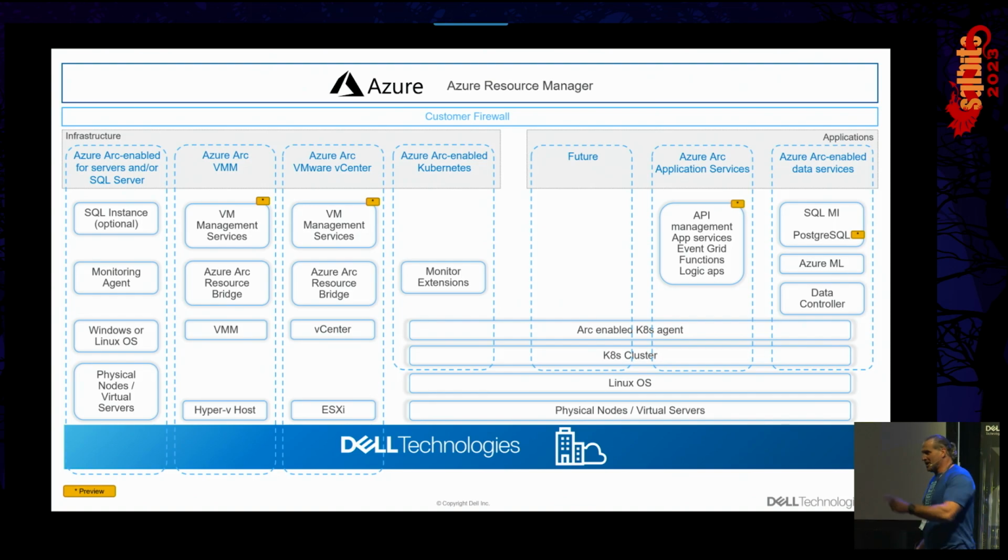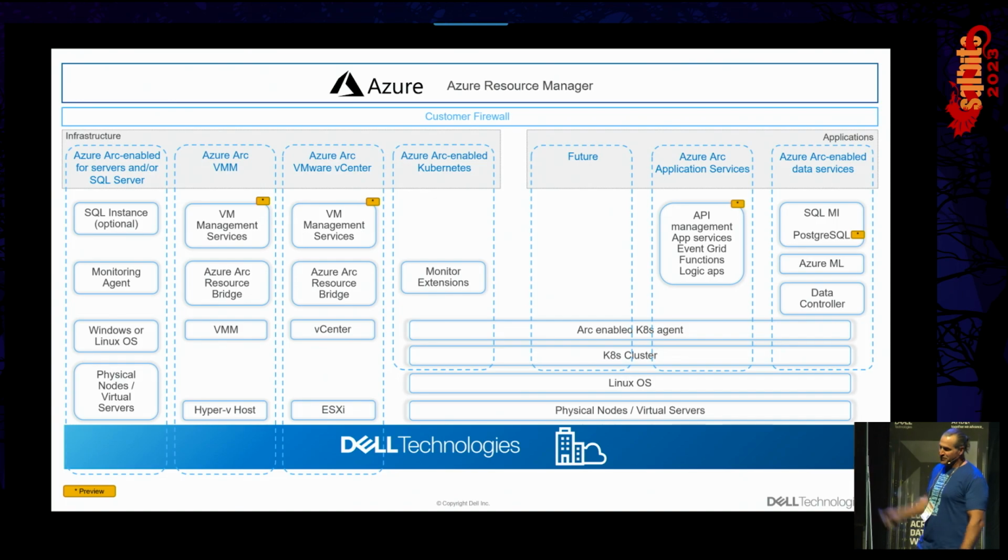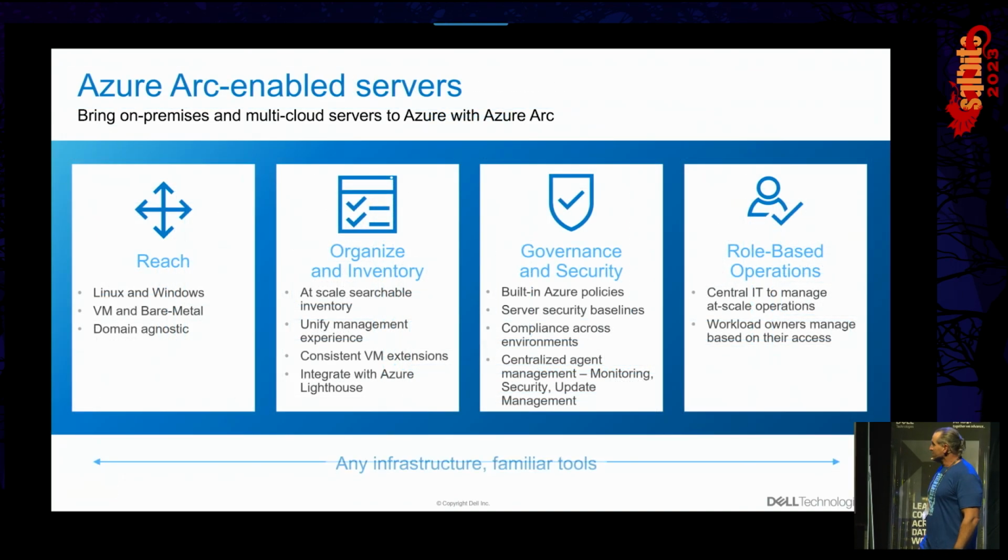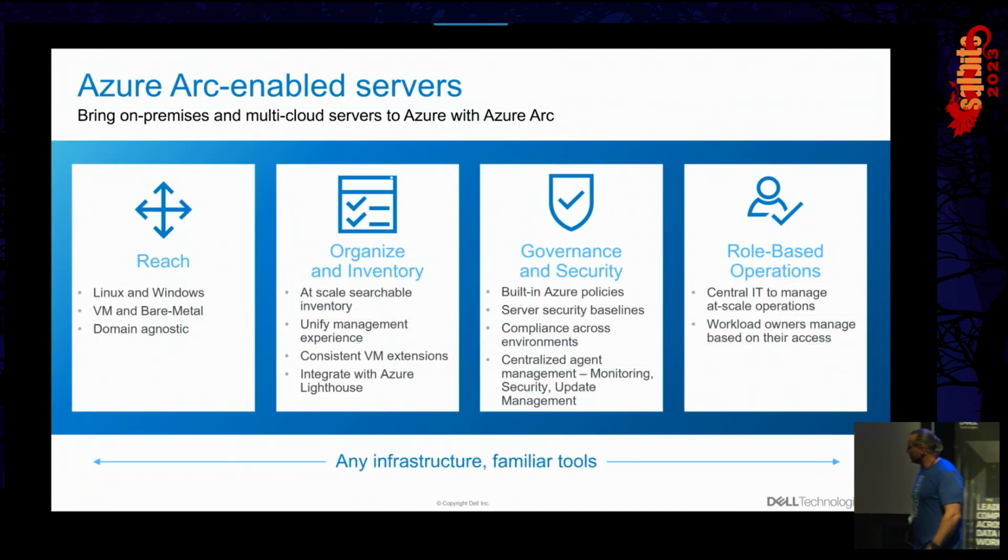All from portal.azure.com. And I look at all of my servers that could be running in HCI, that could be running in VMware, anywhere. I look at all of them, and I get to do RBAC and policies and access across all of them from a single pane of glass. That's pretty cool.